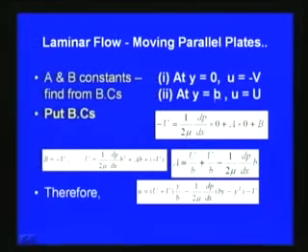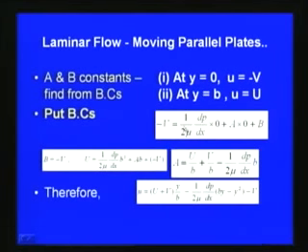We can write at y equal to 0, u is equal to minus V, and at y equal to b, u is equal to U. So, now these are the boundary conditions, and we can substitute them back.